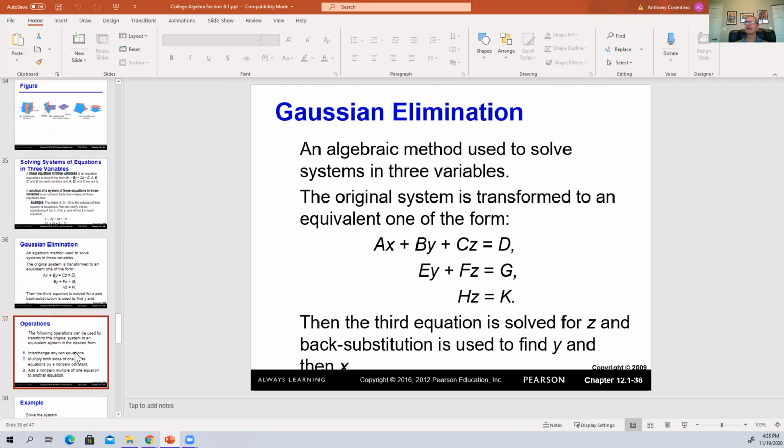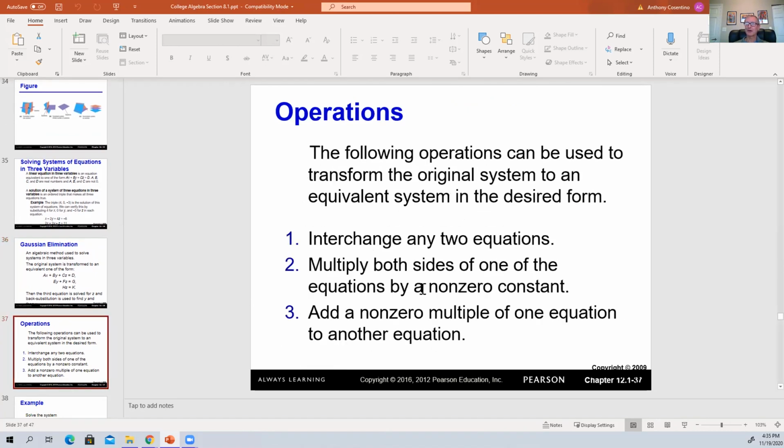Once you have that, you'll solve for the first variable and substitute those variables to solve for the second equation, and then the third equation. I think the mathematical term is called back substitution, but that's okay. The terms aren't that important.